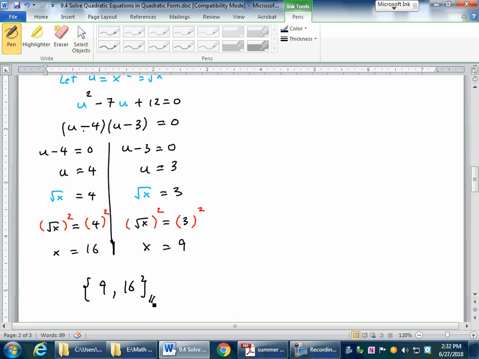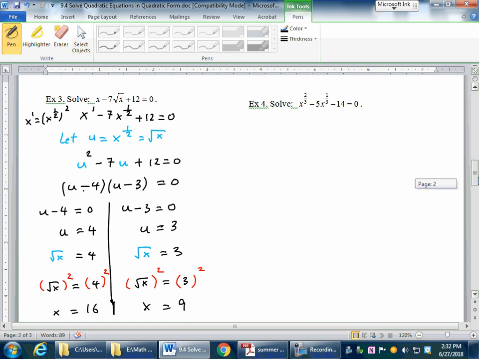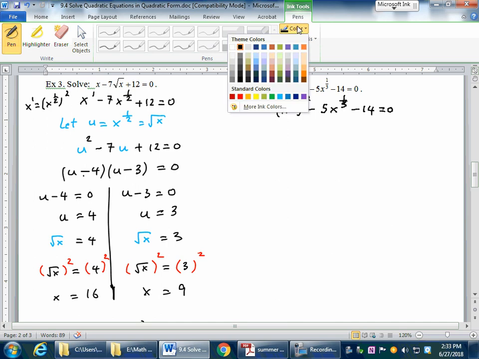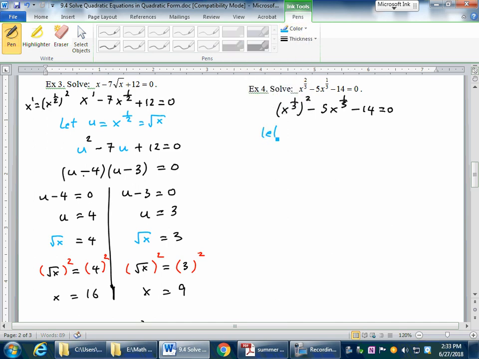Moving on to the next equation. So x to the 2/3 power minus 5 x to the 1/3 power minus 14 equal to 0. We're going to rewrite the first term as x to the 1/3 to the second power, because exponent to exponent we multiply, so 1/3 times 2 is 2/3. So I'm going to let u be equal to x to the 1/3 power.